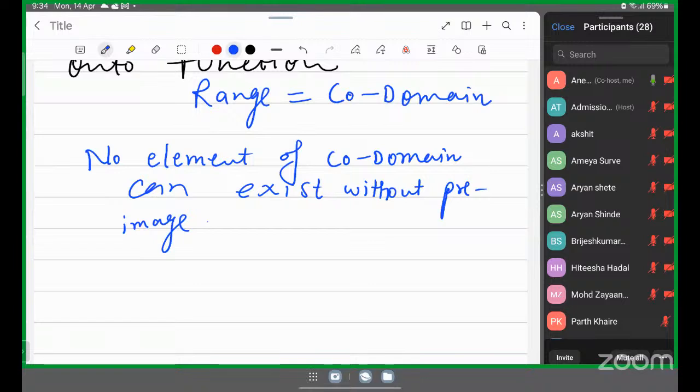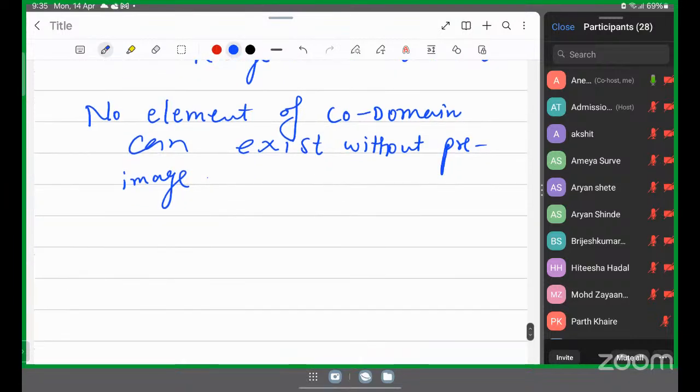At most, how many there are doesn't matter. But if we are having 3 elements in codomain, then all the 3 elements must have at least one preimage. And if this is the case, range of the function and codomain of the function will be exactly the same. So if range equals codomain, the function will be onto.